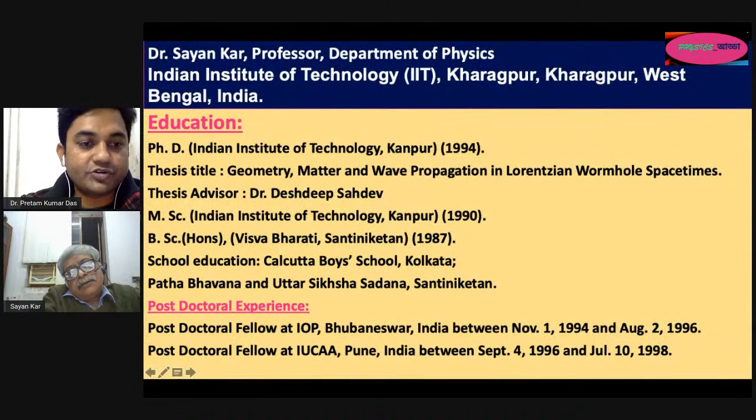You can see his educational background and postdoctoral experience. He completed his bachelor degree from Visva-Bharati, Shantiniketan, MSc from Indian Institute of Technology, Kanpur, and PhD from Indian Institute of Technology, Kanpur. His thesis title is Geometry, Matter, and Wave Propagation in Lorentzian Wormhole Space-Time. Thesis advisor, Dr. Dashdeep Shahadev.